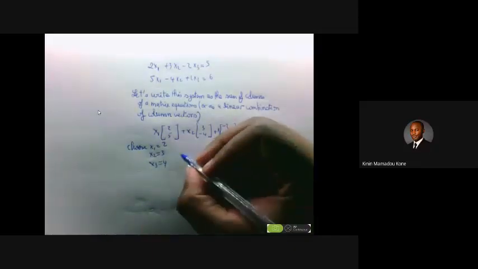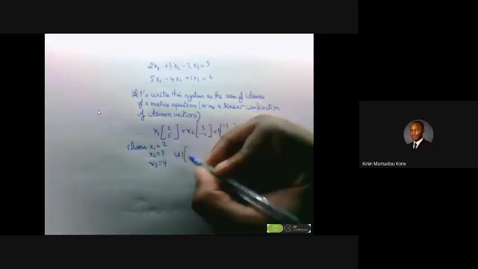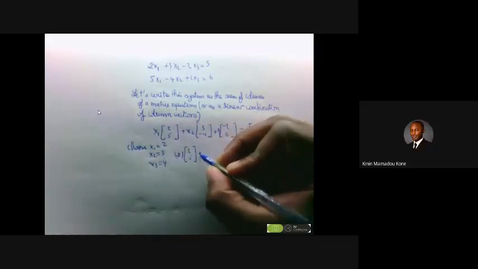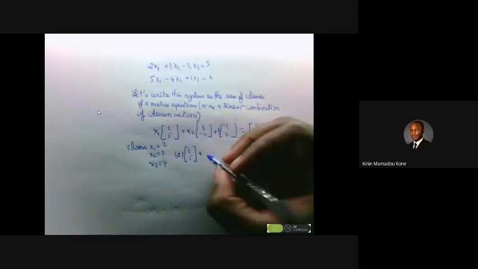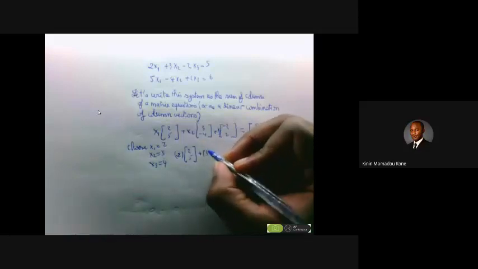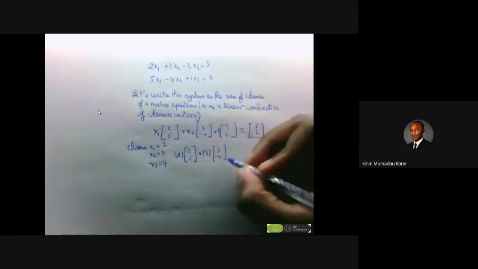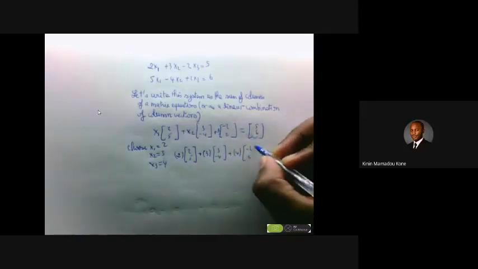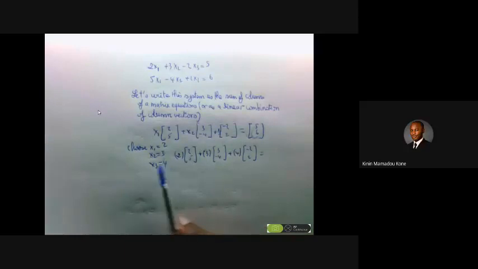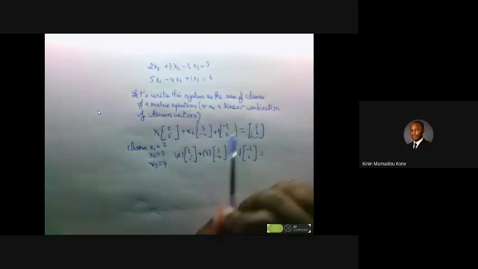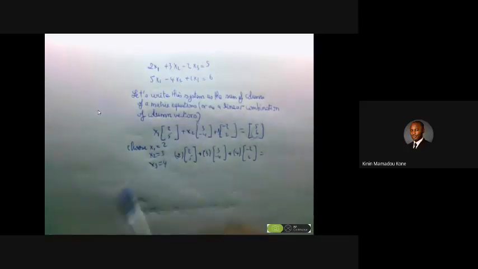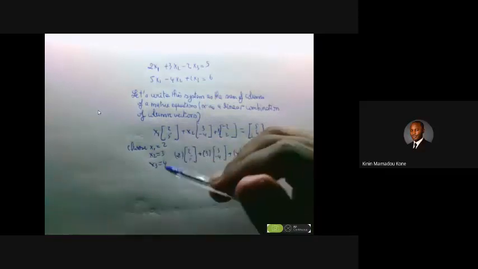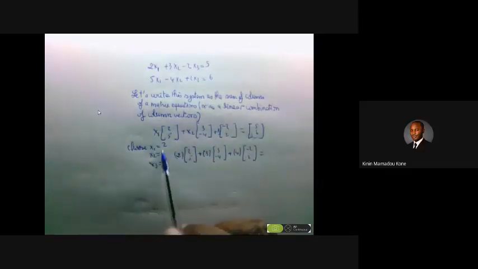So let's choose 2 times (2, 5), plus 3 times (3, negative 4), plus 4 times (negative 2, 2). We want to verify that if you choose the values 2, 3, 4, do we get 5, 6? So how do we do that?